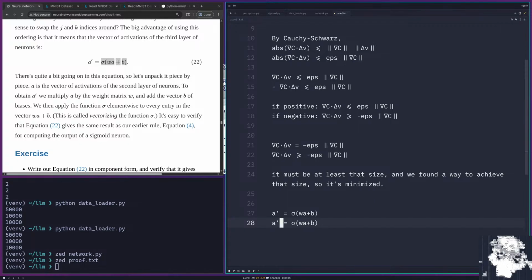So for a'_i, you take a sigmoid of a single number: W_i dot product a plus b_i. This is a dot product, and W_i is a row from the matrix.